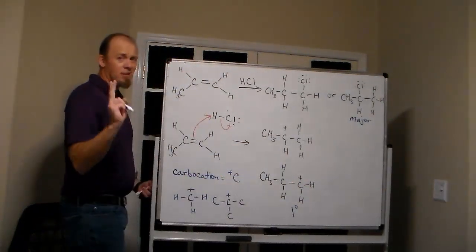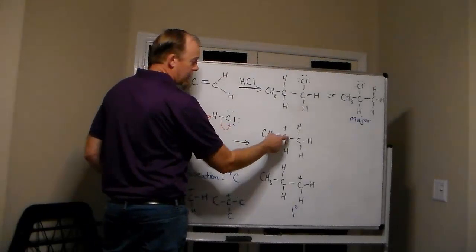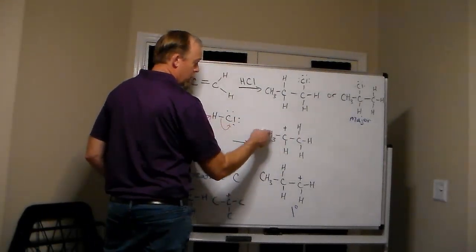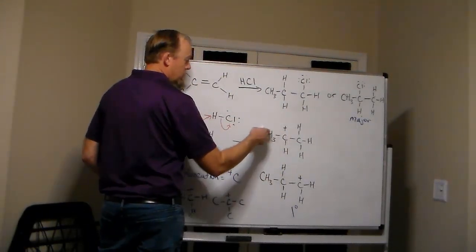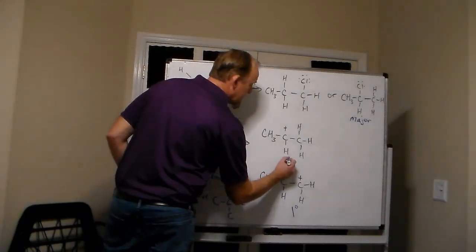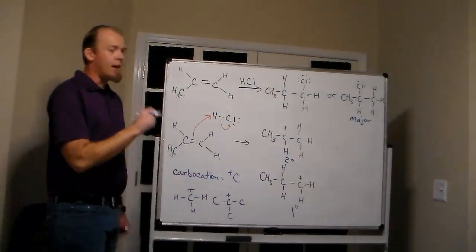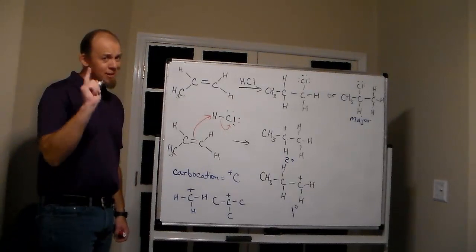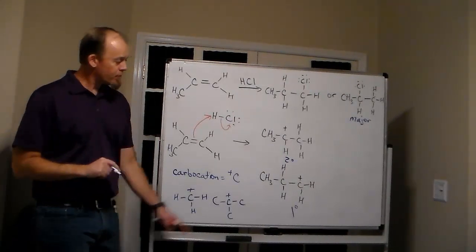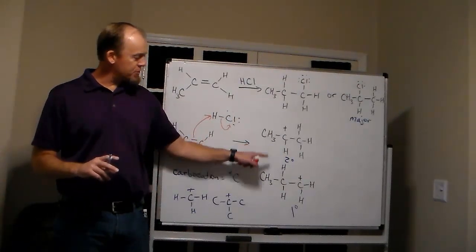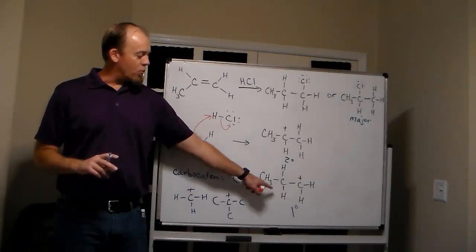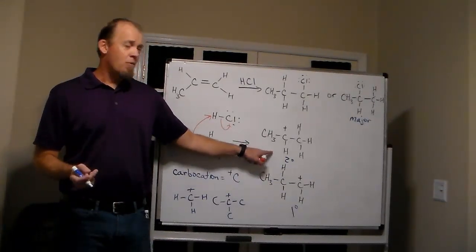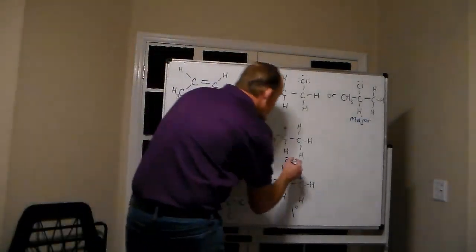This carbon is secondary. Secondary because that one carbon is attached to two others. One on the right, one on the left. As it's got more carbons attached to it, it's going to be more stable. So if I look at the two possible intermediates forming, I have one that's not very stable, and I have one that's a lot more stable.